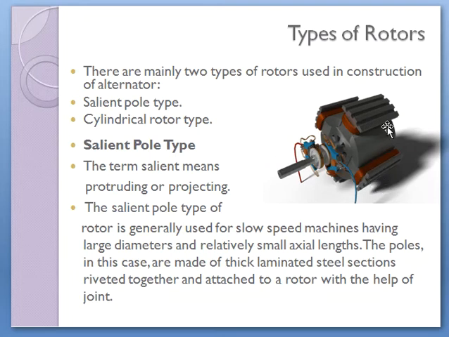So they have large diameters and smaller axial length. The poles in this case are made of thick laminated steel sections riveted together and attached to a rotor with the help of joints.